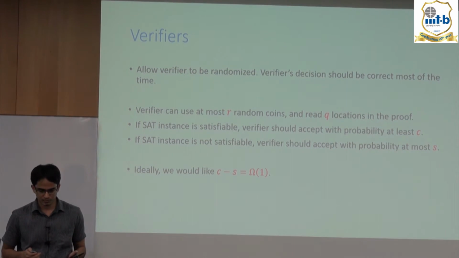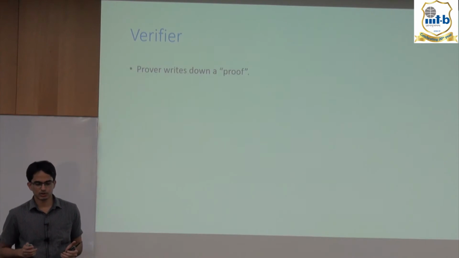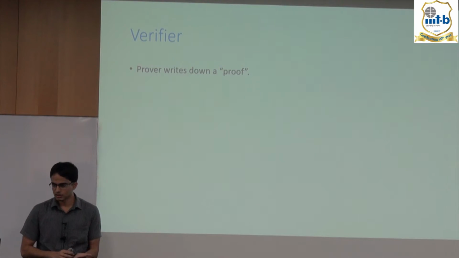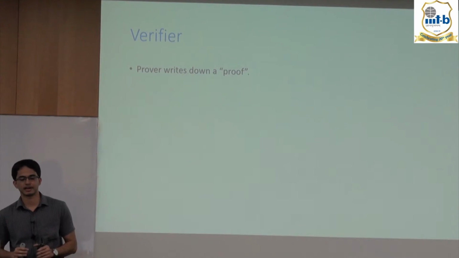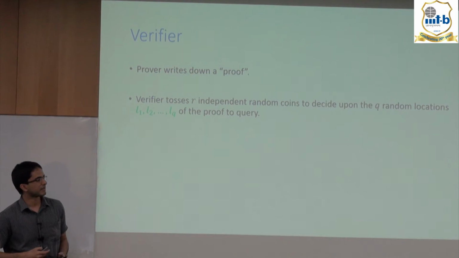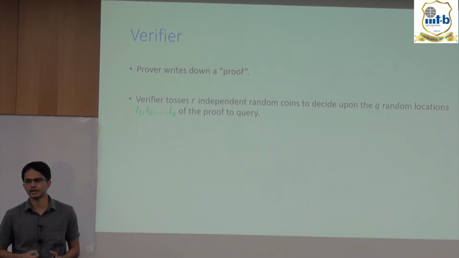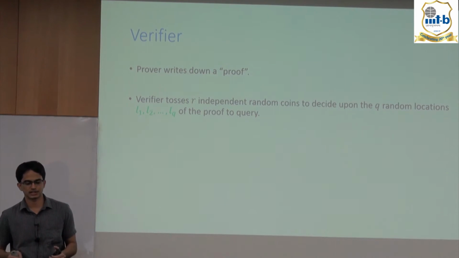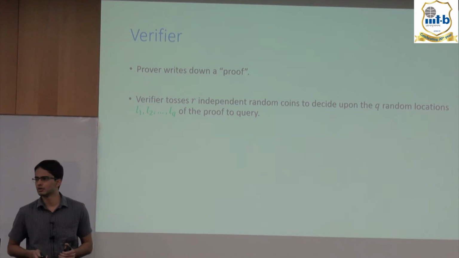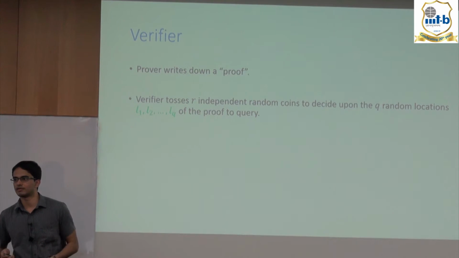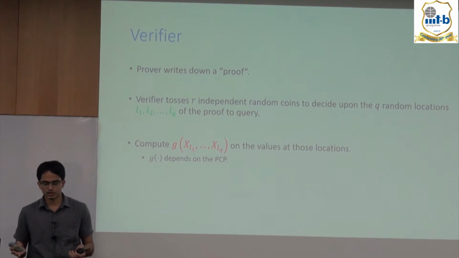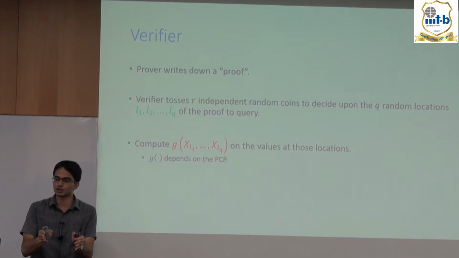Good, so that is the setup. So how does this game work? The prover will write down a proof in a certain pre-specified format. The verifier will toss r independent random coins, and based on whether they came out heads or tails, the verifier will decide upon a few locations to look at. Let's say the locations are L1, L2, L3. You will go and read these locations of the proof, look at what values there are, and compute some function only on those locations.